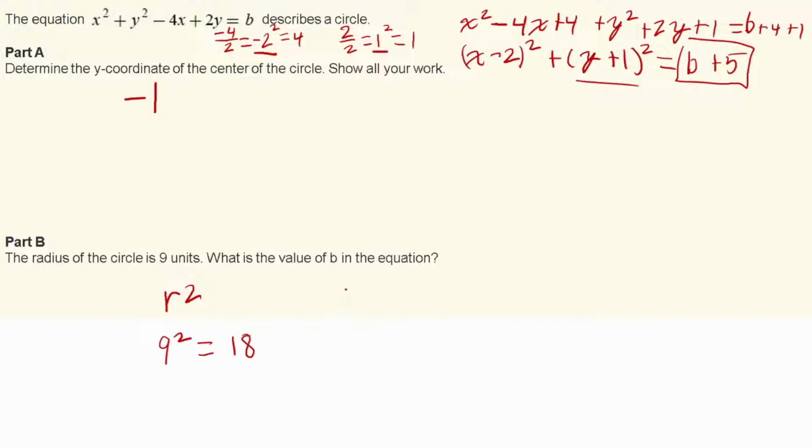So now we can say that 18 is equal to b plus 5. And all we have to do in order to figure out what b is, subtract 5 from both sides. And we get 13 equals b. And there is my answer. Cool.